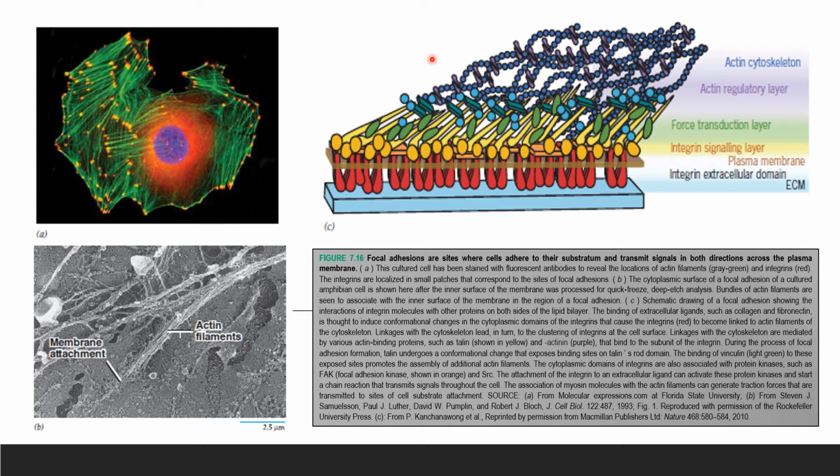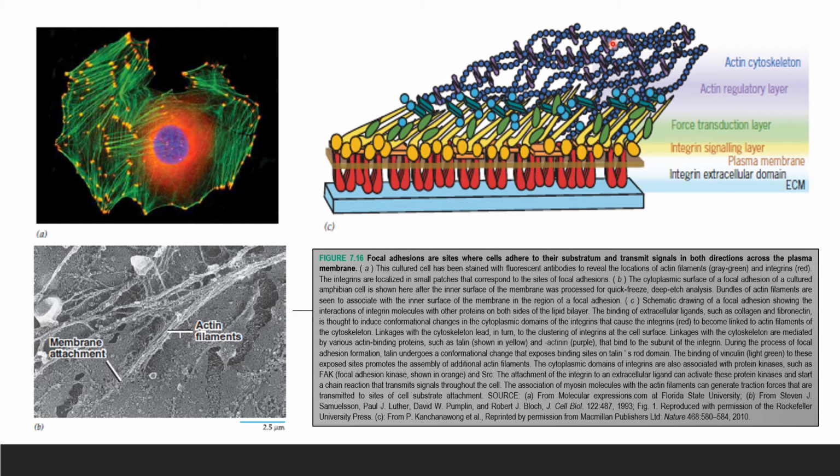Image B shows the cytoplasmic surface of the focal adhesion of a cultured amphibian cell, showing the inner surface of the membrane that was processed for quick-freeze deep-etch analysis. Bundles of actin filaments are seen to associate with the inner surface of the membrane in the region of the focal adhesion.